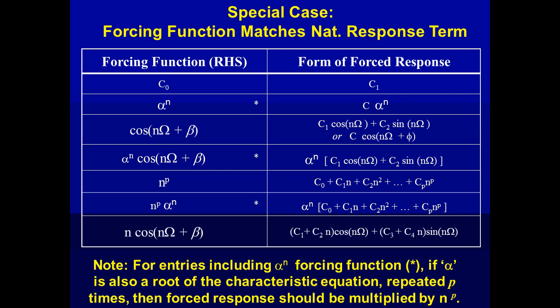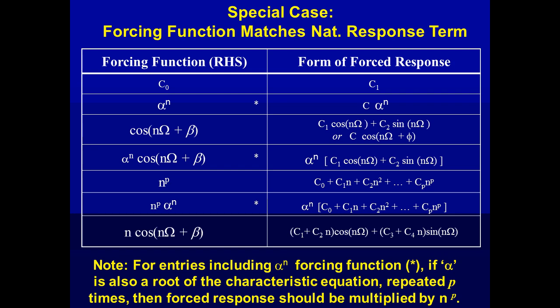It's still the same form shown, but I may have to multiply it by an n, or some power of n. The way we tell is whether that alpha, that exponential function, is a root of the characteristic equation.